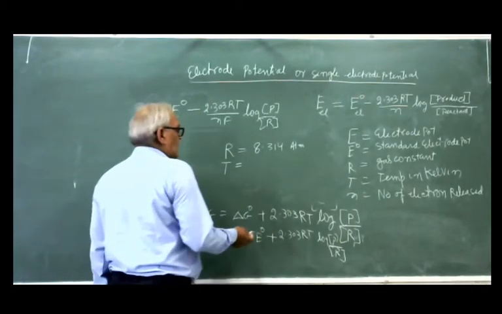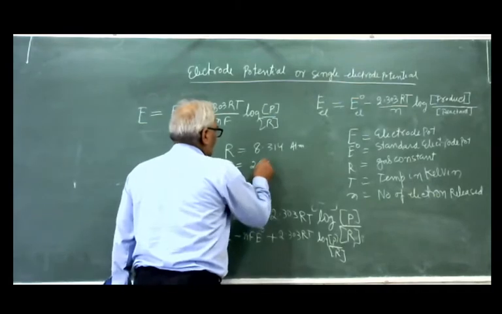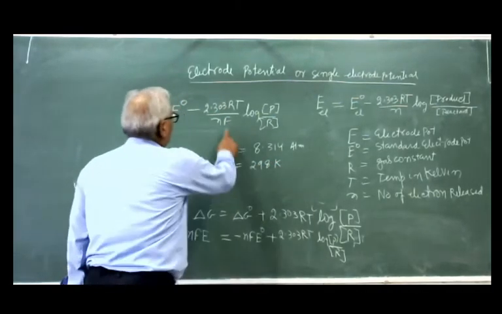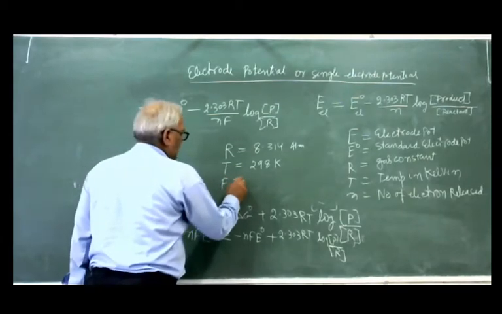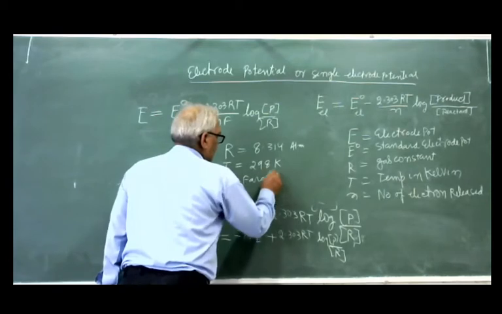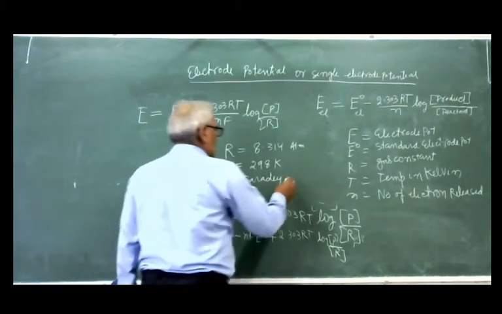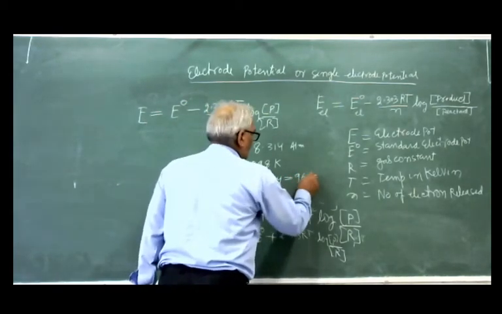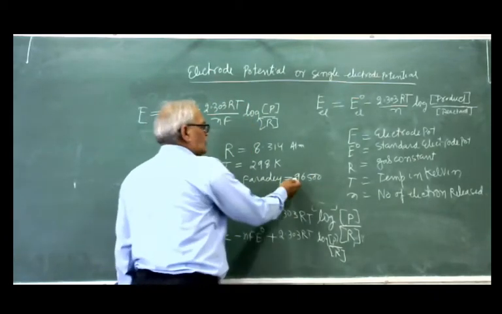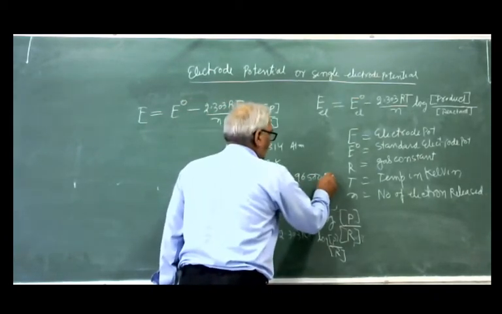Temperature is in Kelvin, 298 K. F is the Faraday. It is equal to 96,500 coulomb.